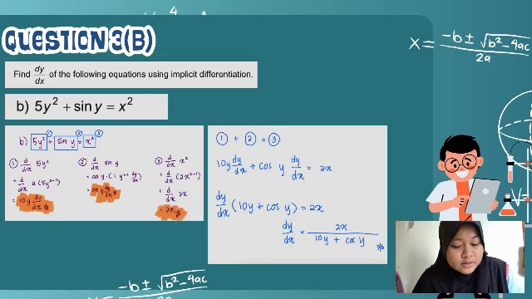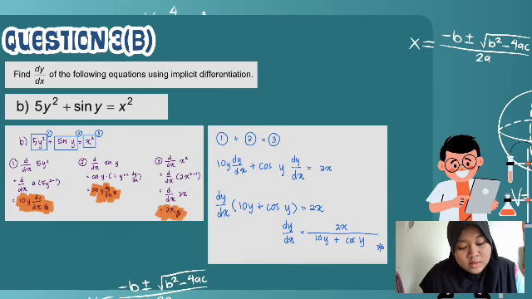y d per dx. We can apply the power rule again on y, and it will be cos y times, open bracket, y having the power of 1, so we'll bring 1 to the front, y having the power of 1 minus 1 d per dx.